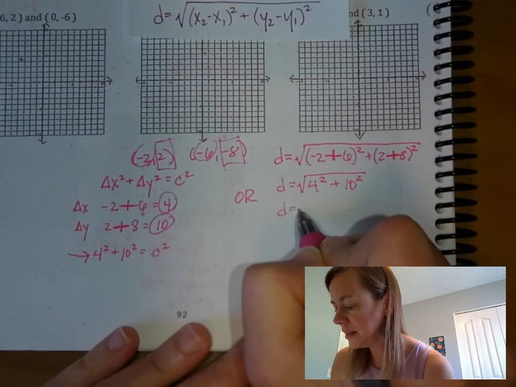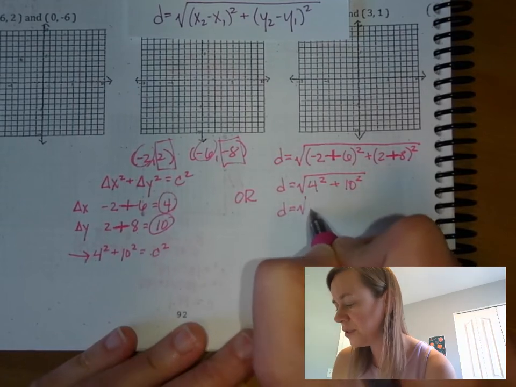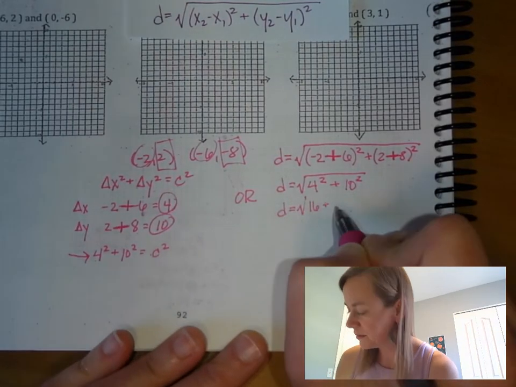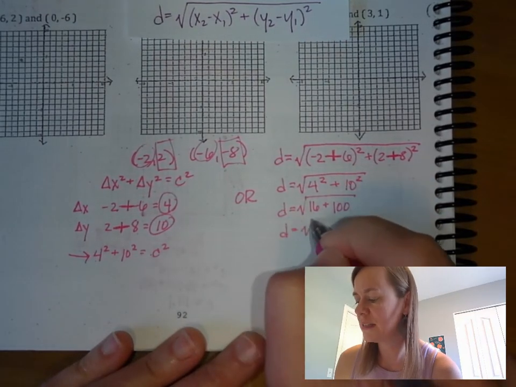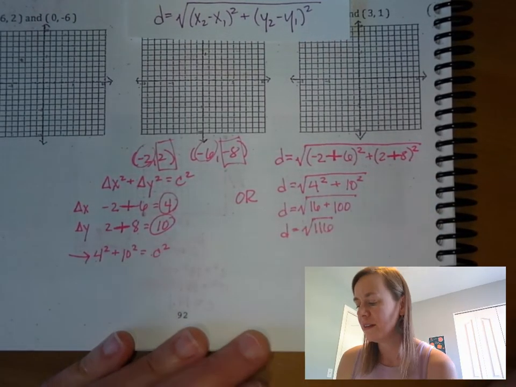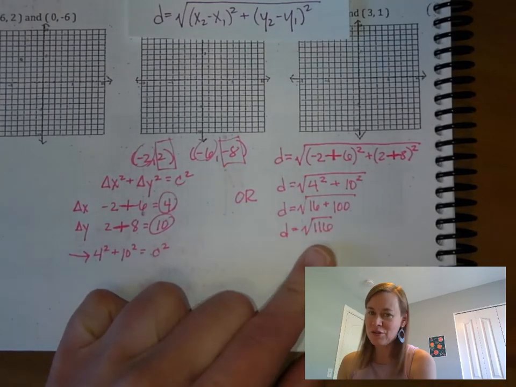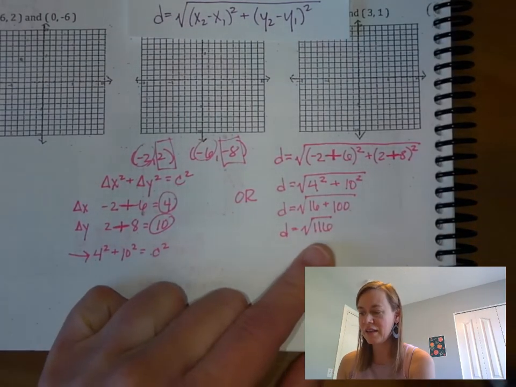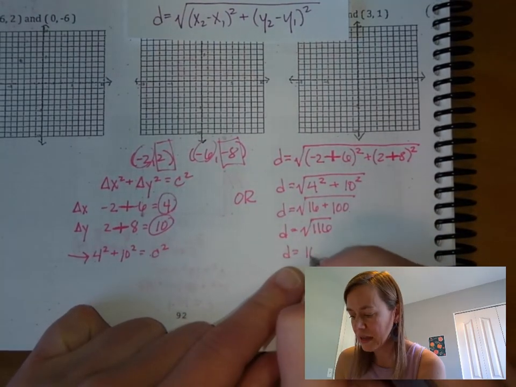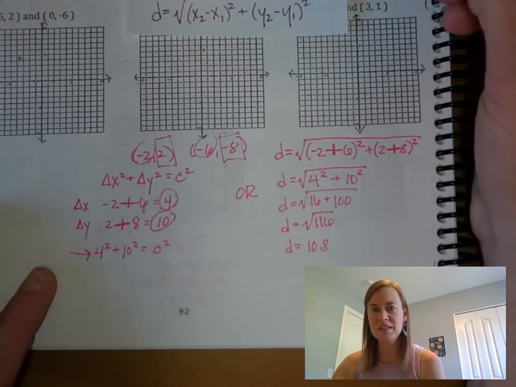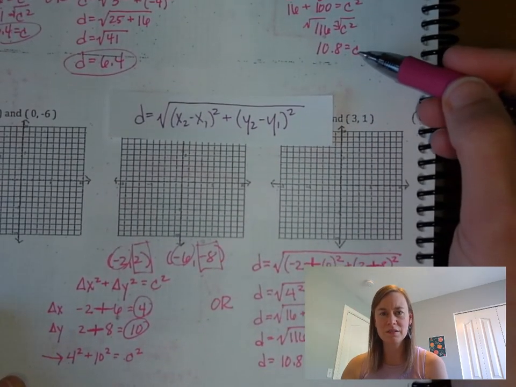Let's keep simplifying. D equals the square root of 4 squared becomes 16. 10 squared becomes 100. And then you're just going to add them together for 116. And from that point, you just throw it in the calculator, and you're going to get the square root of 116 equals 10.8, which is just the same as what we got right up here.